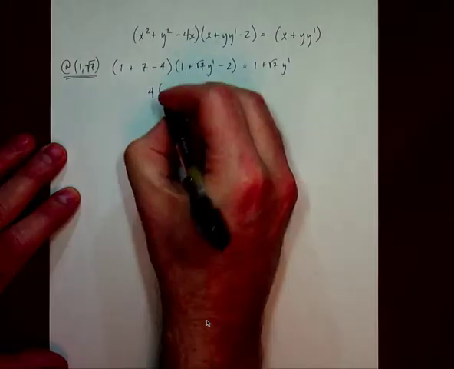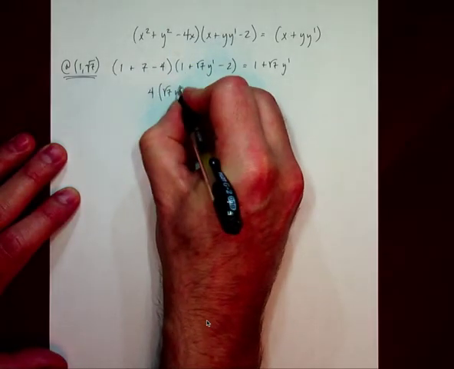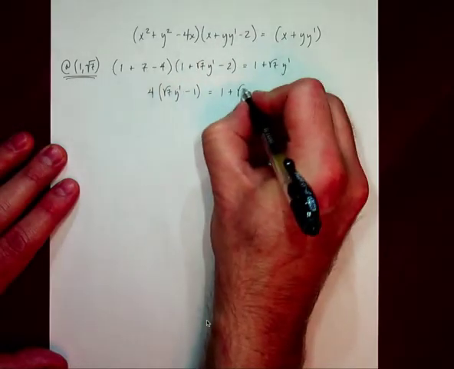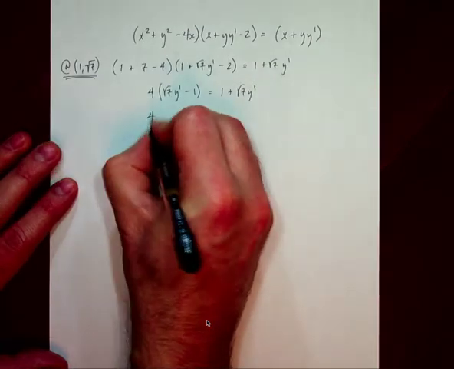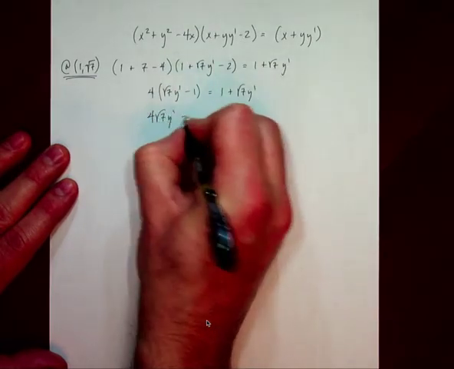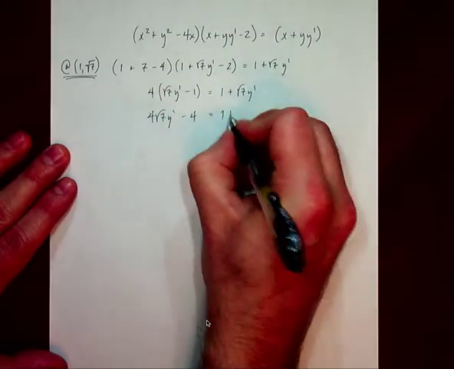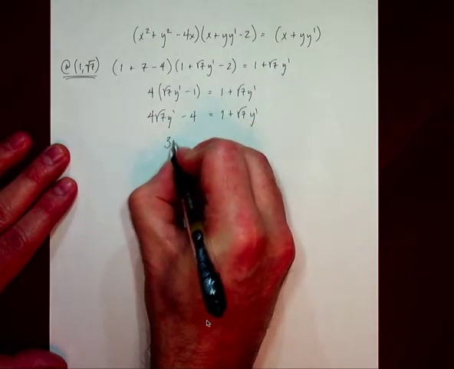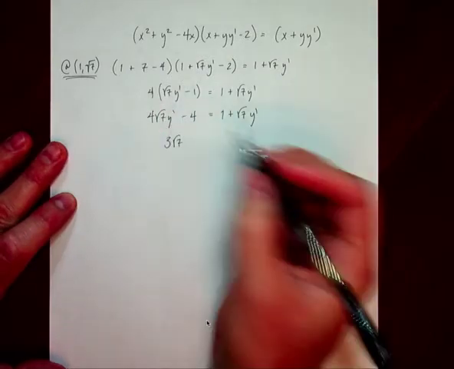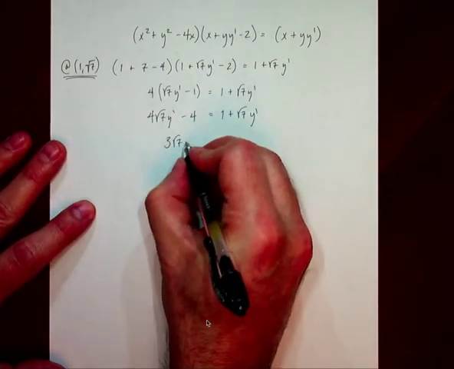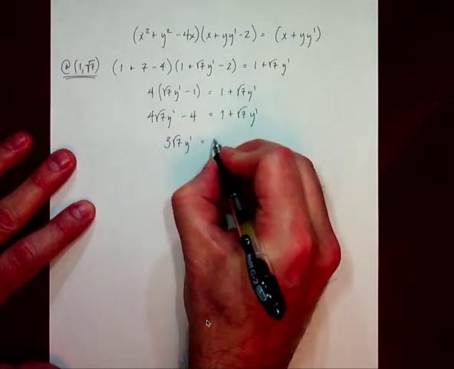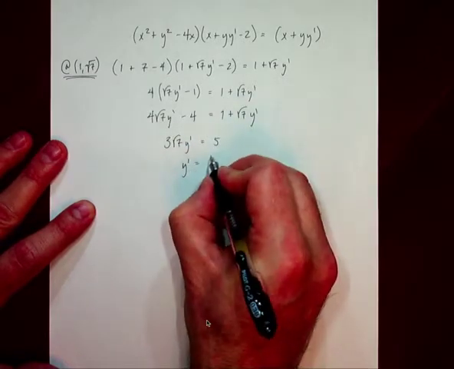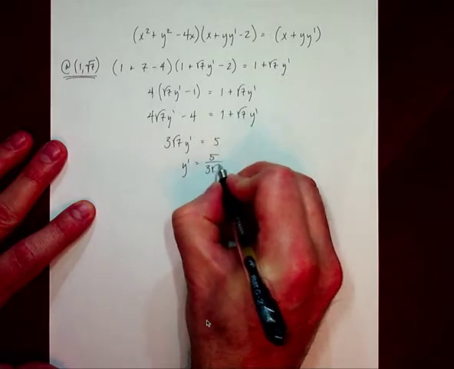This winds up being √7 y prime minus 1, and this is 1 plus √7 y prime. For √7 y prime minus 4, and 1 plus √7 y prime. If we gather these on the same side, we have 4√7 y prime and 1√7 y prime, which gives us 3√7 y prime, and I'm adding 4 to both sides. So I get y prime is equal to 5/(3√7).